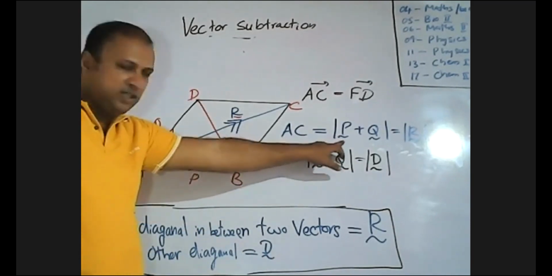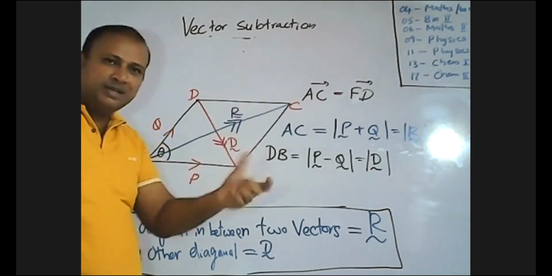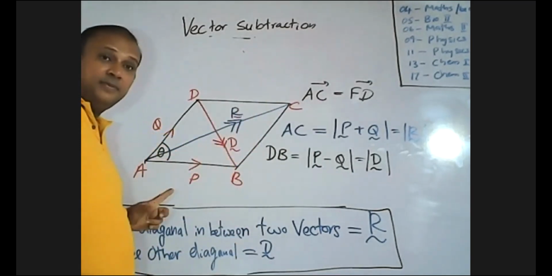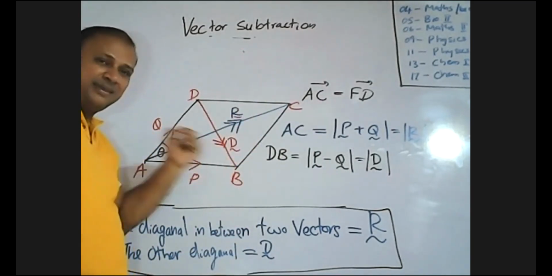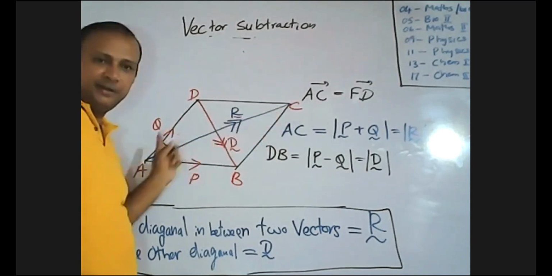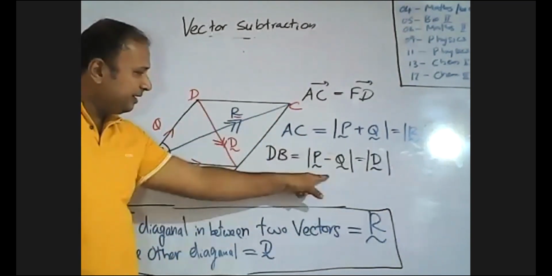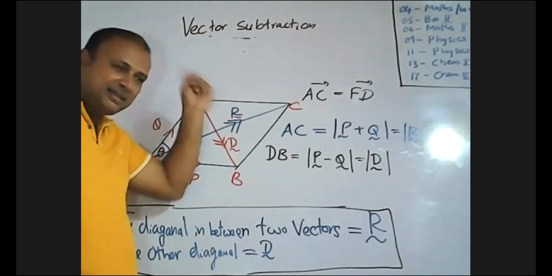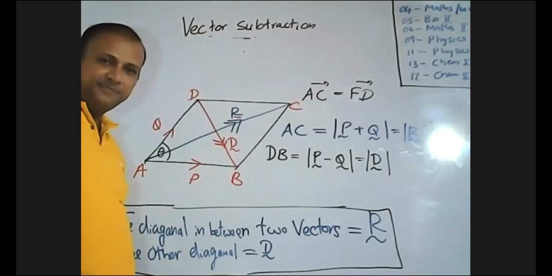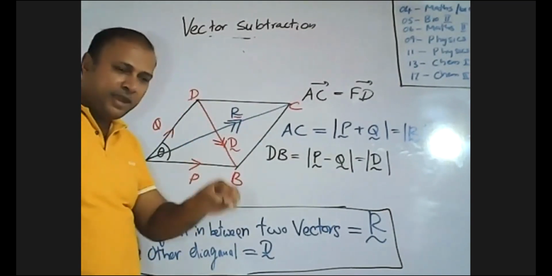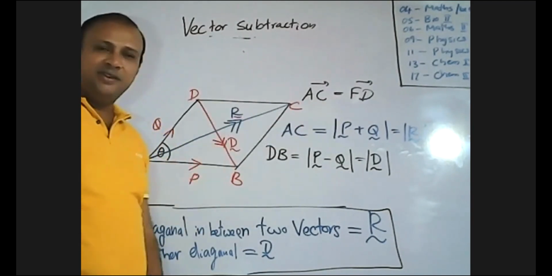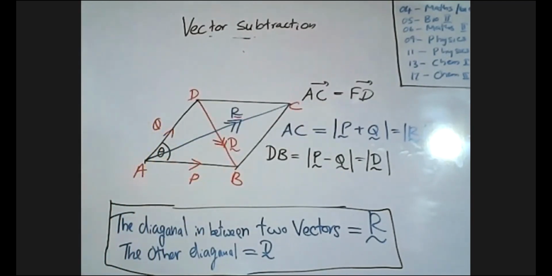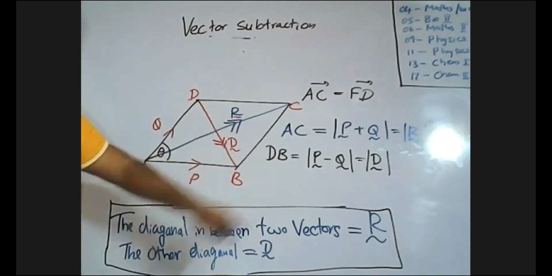Therefore, if you are given the modulus of P plus Q, that means they are discussing the AC diagram. If you are given this other kind of symbol, that means they are discussing the other diagram. Then you can convert that into the geometrical figure. Try this one also.